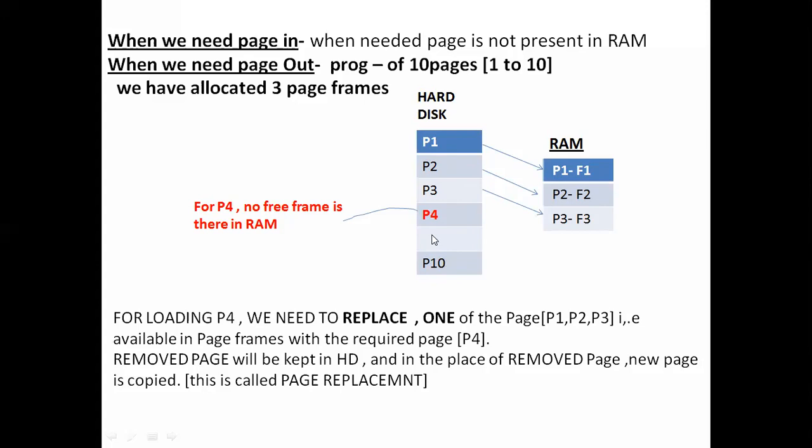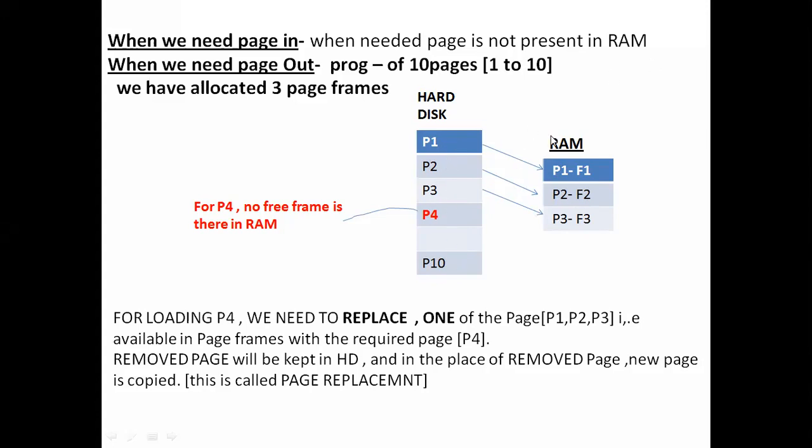Suppose our RAM has only 3 frames, F1, F2, F3. These are the page frames available in the RAM, and we only have 3 page frames, but here we have P1 to P10, in total 10 pages.